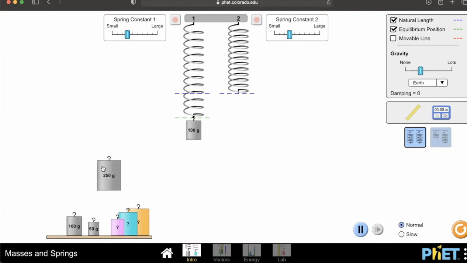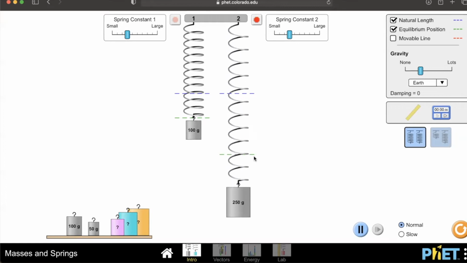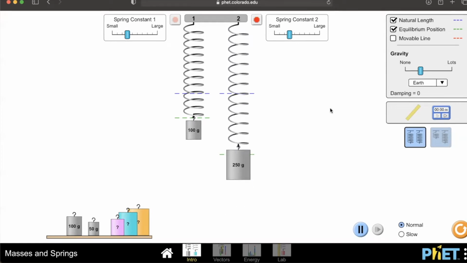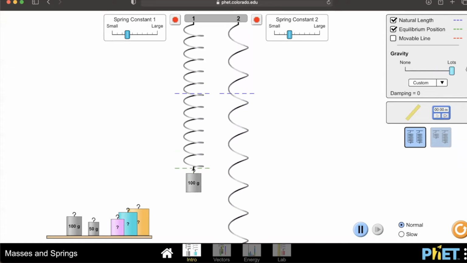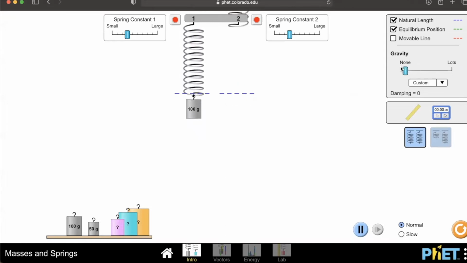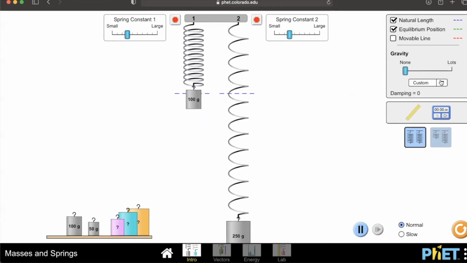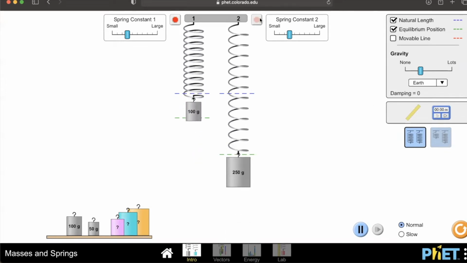If we have a block with more mass, then the equilibrium position is more far down. If we increase the force of gravity, then both equilibrium positions go down. And if we decrease it, they both go up until eventually they're the same as the natural length. But now let's just explore one of these two springs.